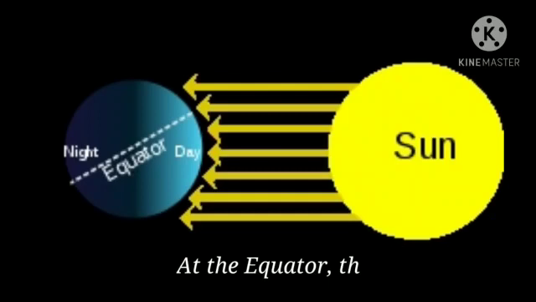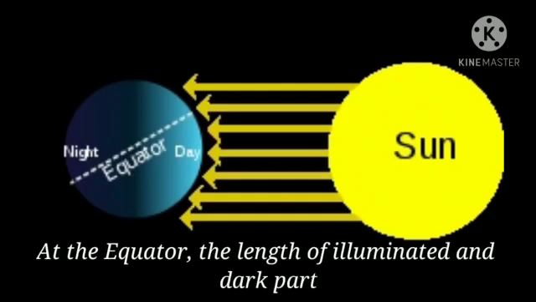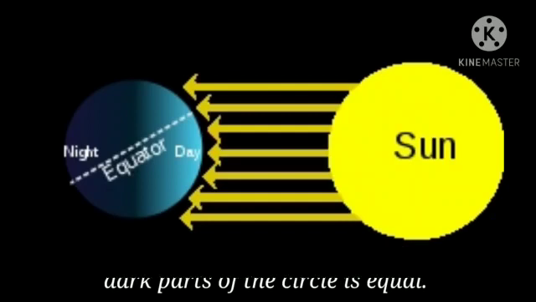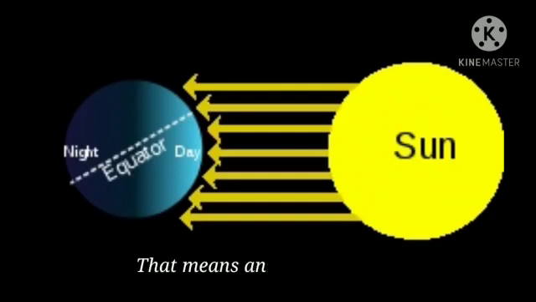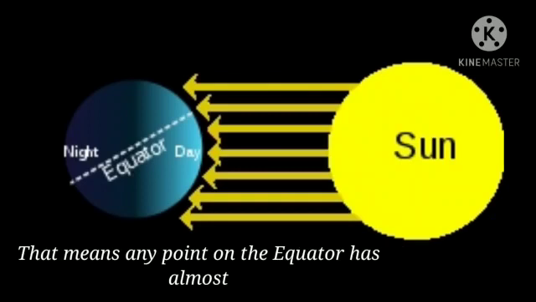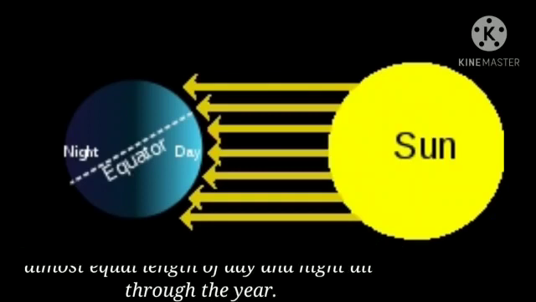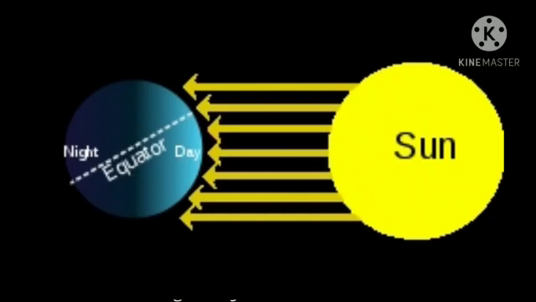At the equator, the length of illuminated and dark parts of the circle is equal. That means any point on the equator has almost equal length of day and night all through the year.